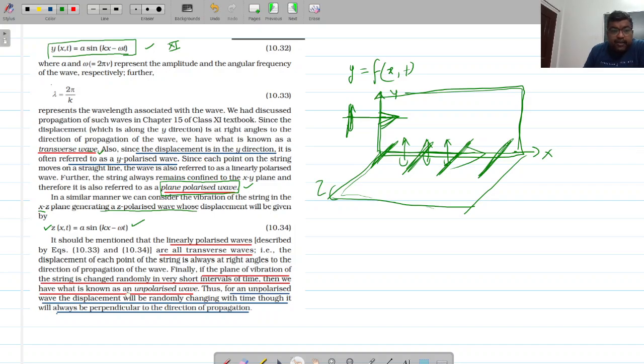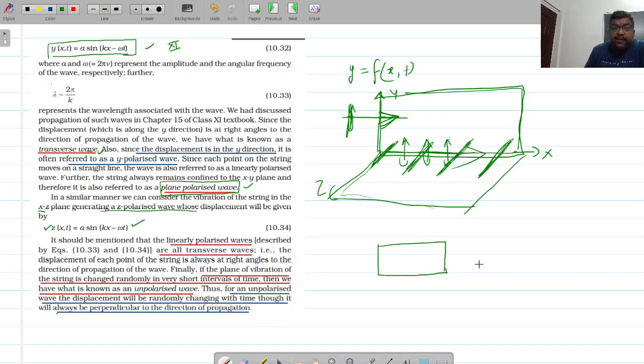Another important observation: if the plane of vibration of the string is changed randomly in a very short interval of time, then we have what is known as an unpolarized wave. Why unpolarized? Because in a polarized wave, vibrations take place in a particular, single plane.